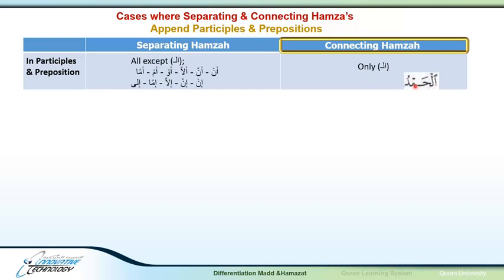Like in this example, alhamd, we see here that al-ta'rif, alif lam, the a part has a connecting hamza, hamzatu wasl, which is represented by a little sad in Al-Quran Al-Kareem, in the Uthmani script, while in the normal text we don't write the hamza on top of it.